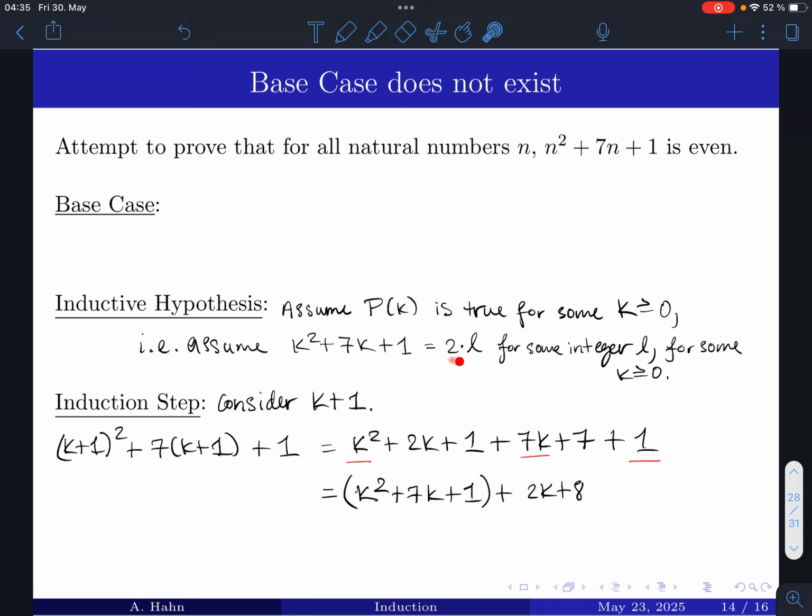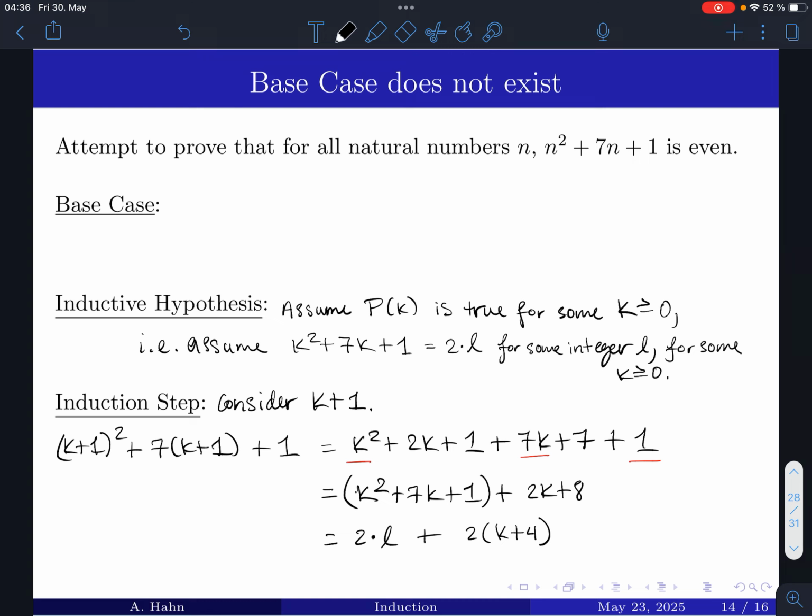Okay. And then we can use our inductive hypothesis. K squared plus 7K plus 1 is equal to 2 times L for some integer L. So this is equal to 2 times L plus, and similarly, we can factor out a 2 from this 2K plus 8, which is 2 times K plus 4.